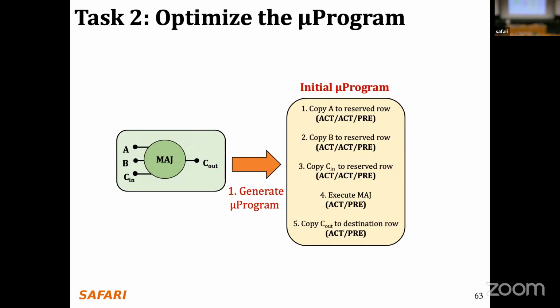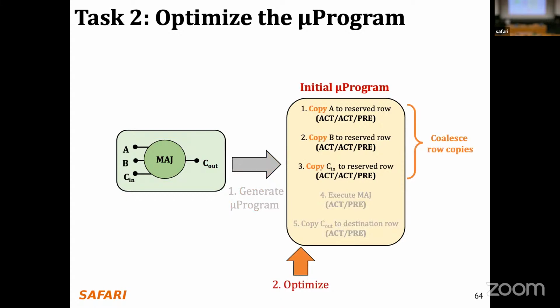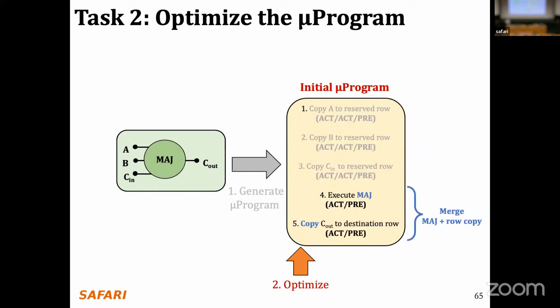And I can further optimize this microprogram by coalescing some of those row copies, by leveraging some special properties of that row decoder that I mentioned before that can activate 3 DRAM rows at the same time. So here I can issue a single activation, I can activate all of those 3 DRAM rows at once.